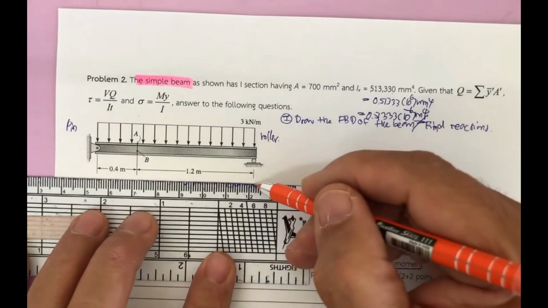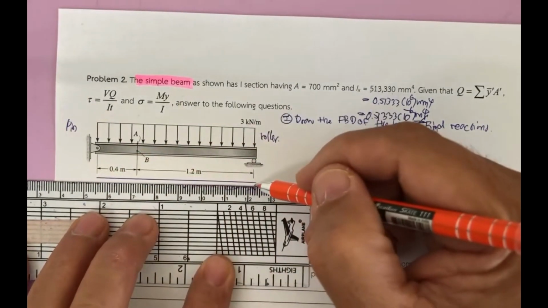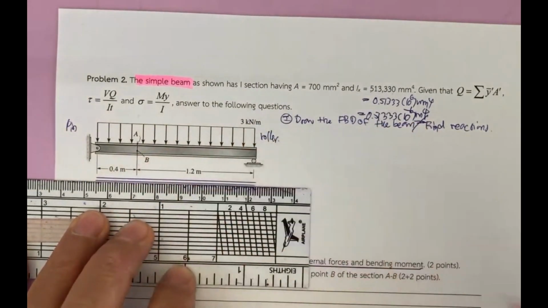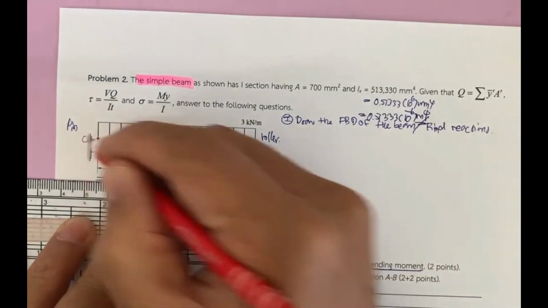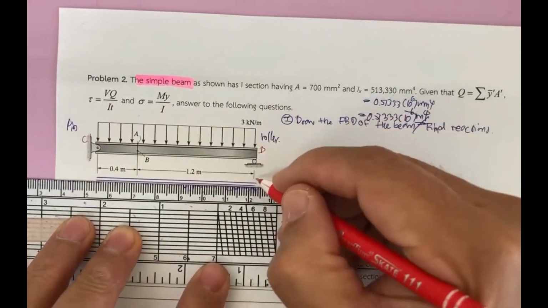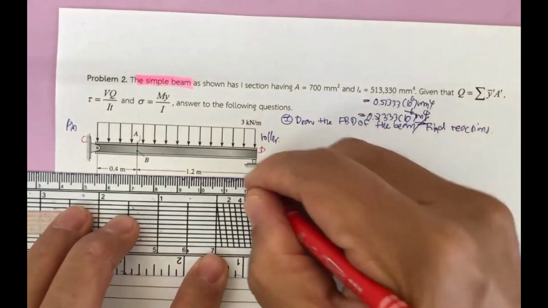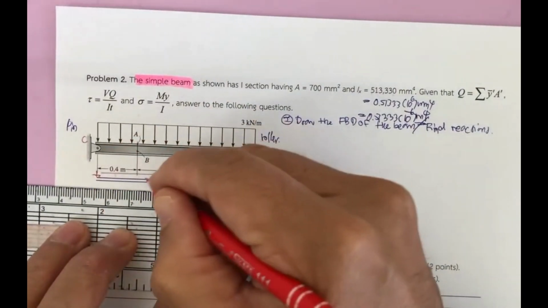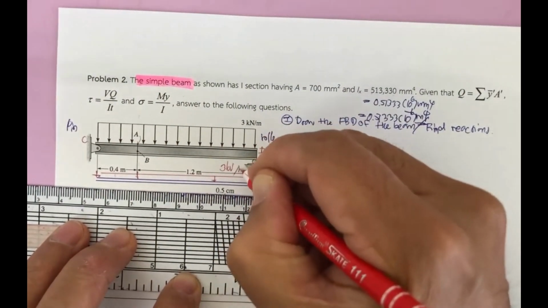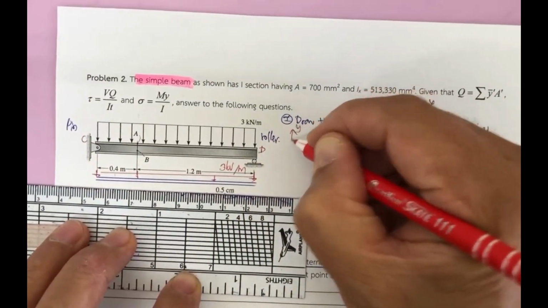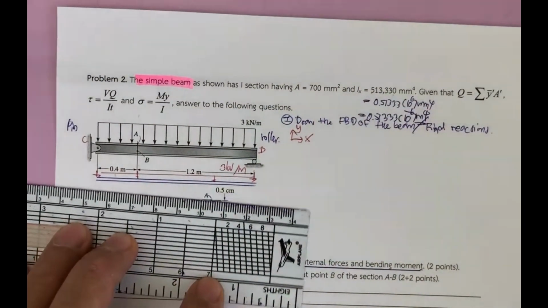By doing this, that means we have to draw the free body diagram of the beam. It is going to have, let's see, this is A, B, this is C, this is D, under the application of the distributed load given here of 3 kilonewton per meter, and has the X and Y reference axes.